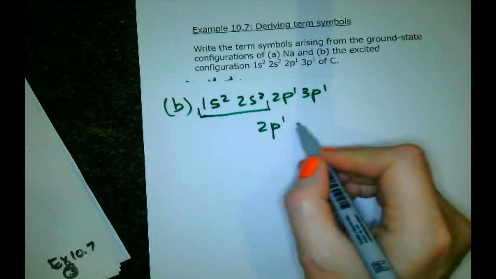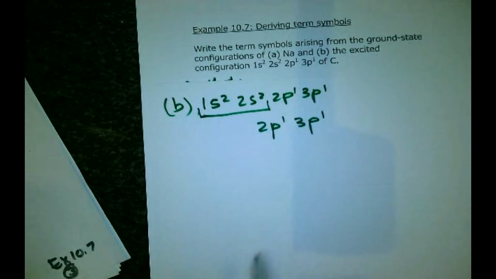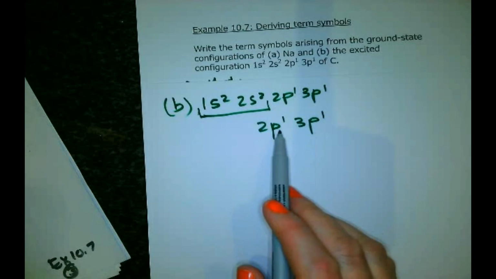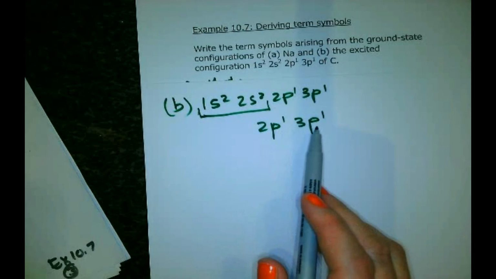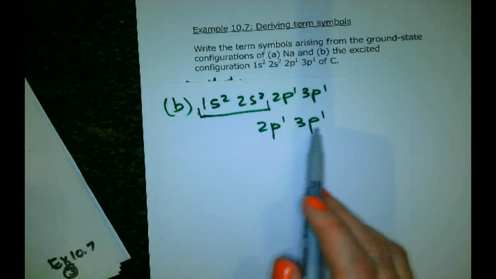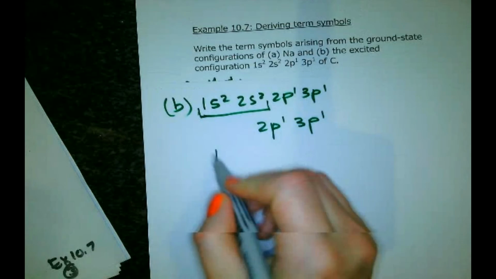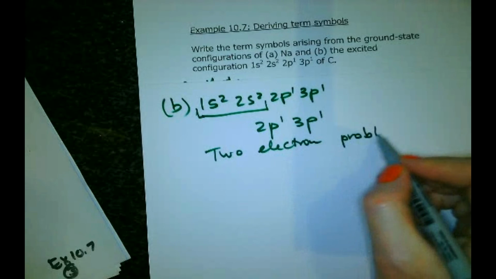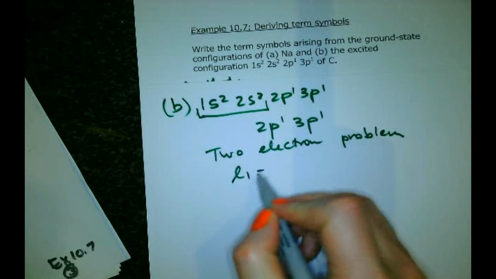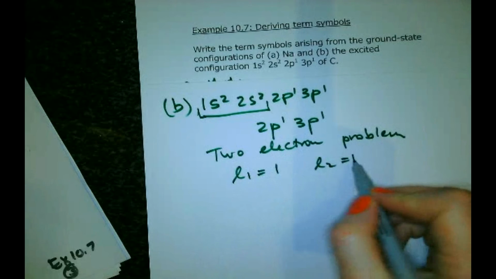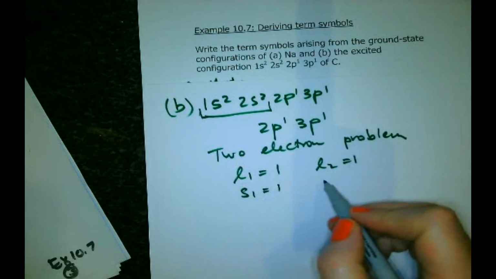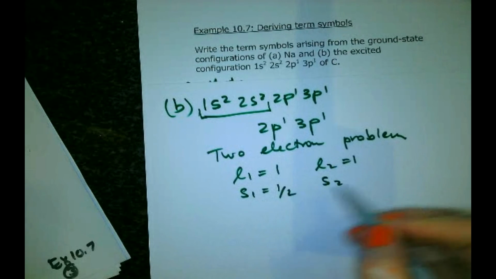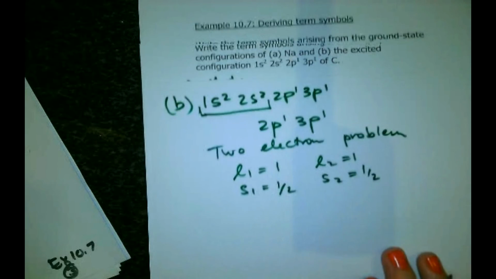So what we're going to look at are those two electrons. There's one p electron in the 2p orbital and one p electron in the 3p orbital. So it's a 2 electron problem. l1 is 1, l2 is 1, s1 is a half, s2 is a half.